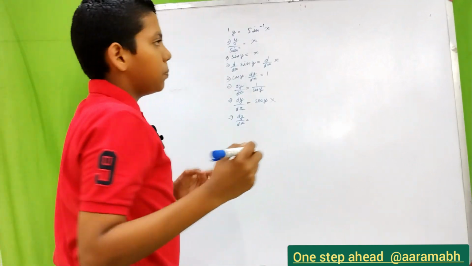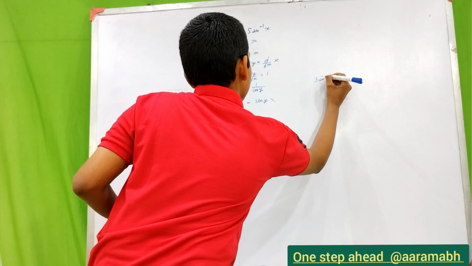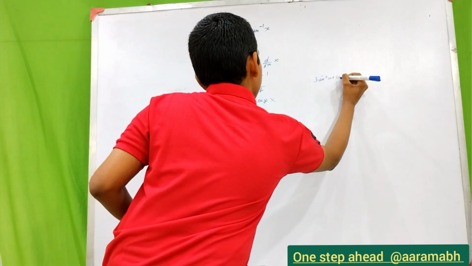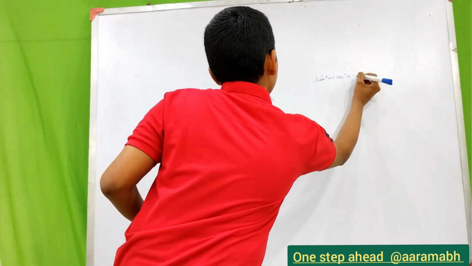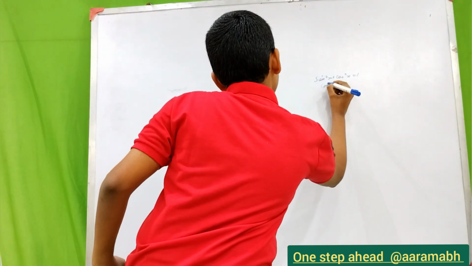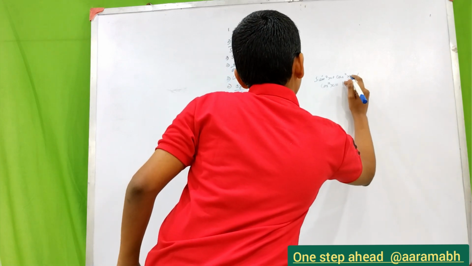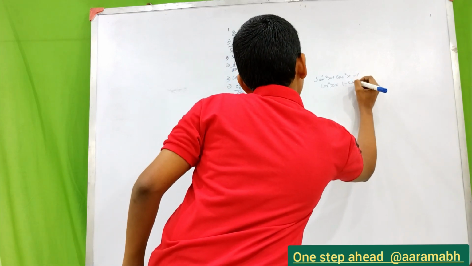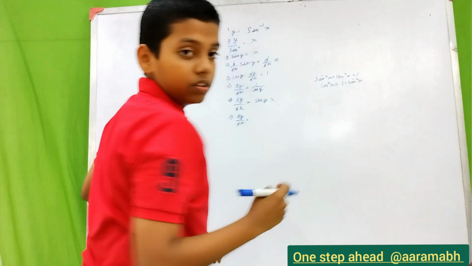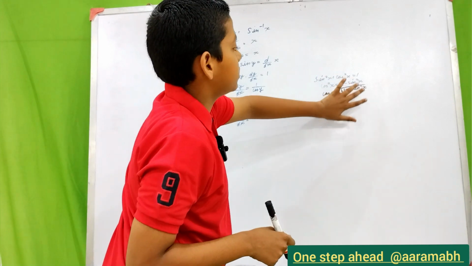I hope if you have seen my trigonometry video, there was an equation sin square x plus cos square x equals to 1. Which means cos square x equals to 1 minus sin square x.